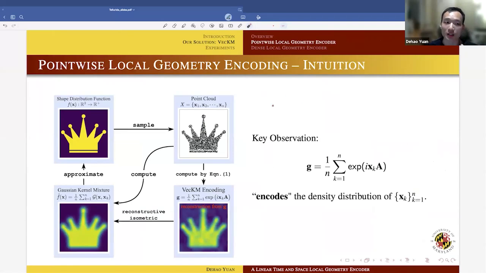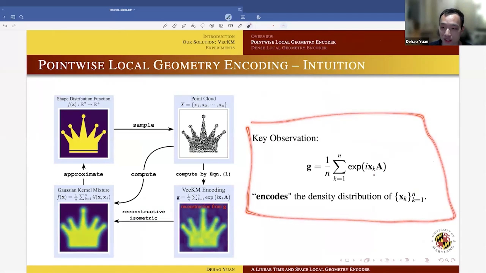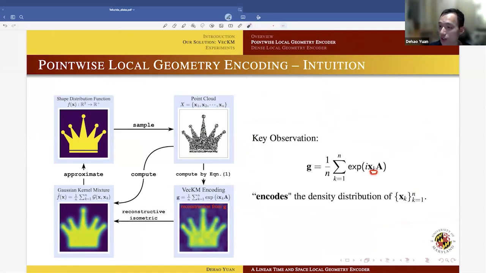So why is the encoding called vectam? Because it is vectorizing a kernel mixture. A key observation here is, let's say you have x_k, the collection of points. If you compute G using this formula, it encodes the density distribution of the collection of points. On the left-hand side of this figure is a shape distribution function, which you can imagine as the underlying shape.